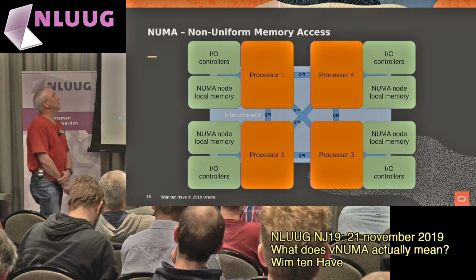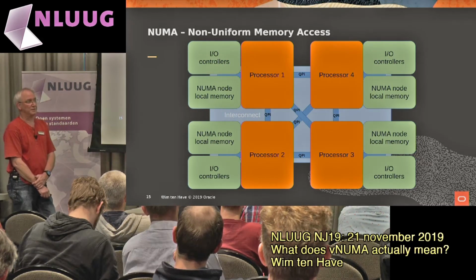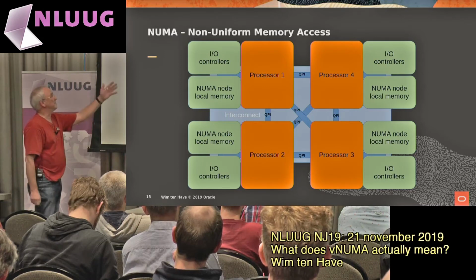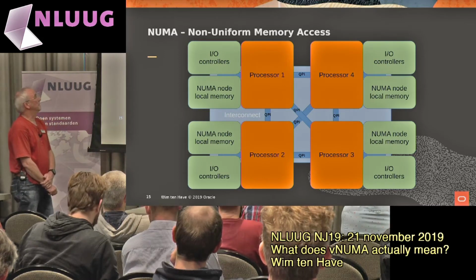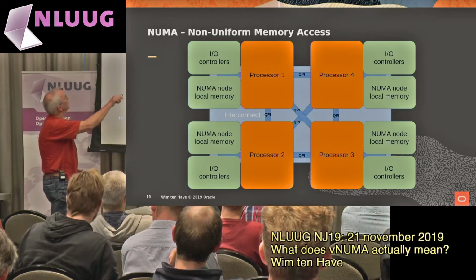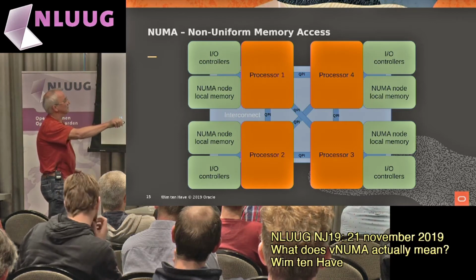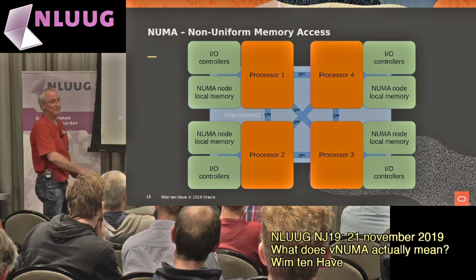So the reason I rooted for NUMA is that hardware manufacturers started to come up with this design where this is a UMA entity, and this is a UMA entity, and this is a UMA entity, and this is a UMA entity.